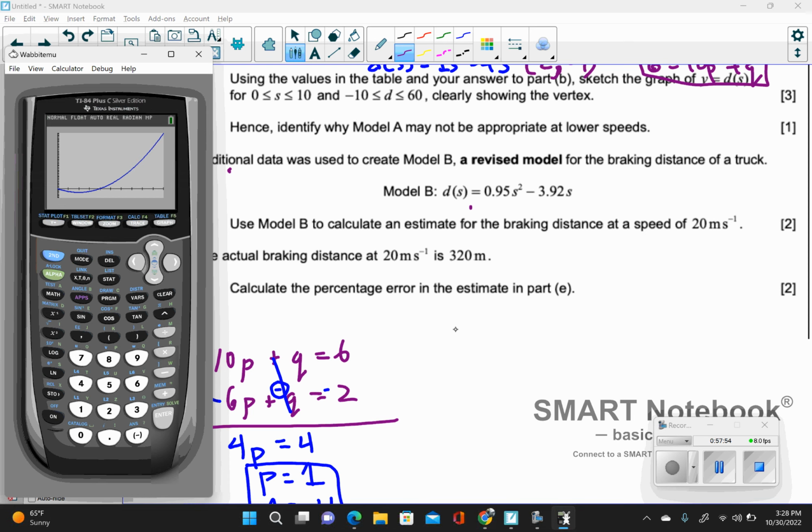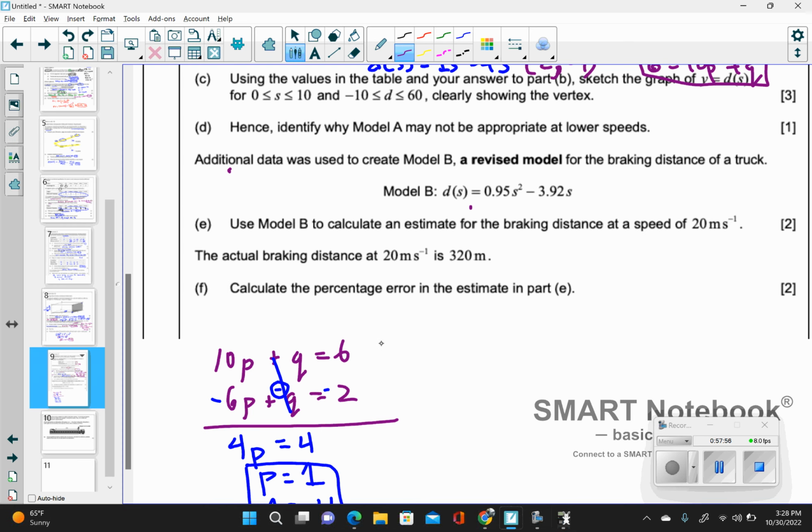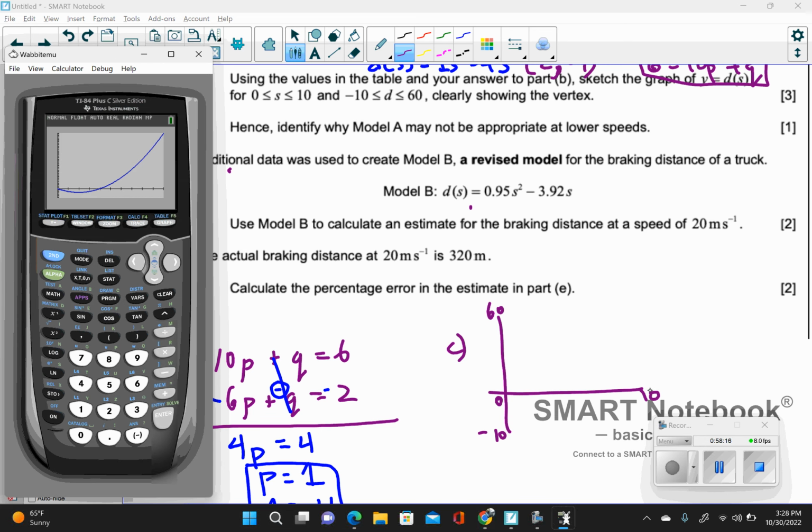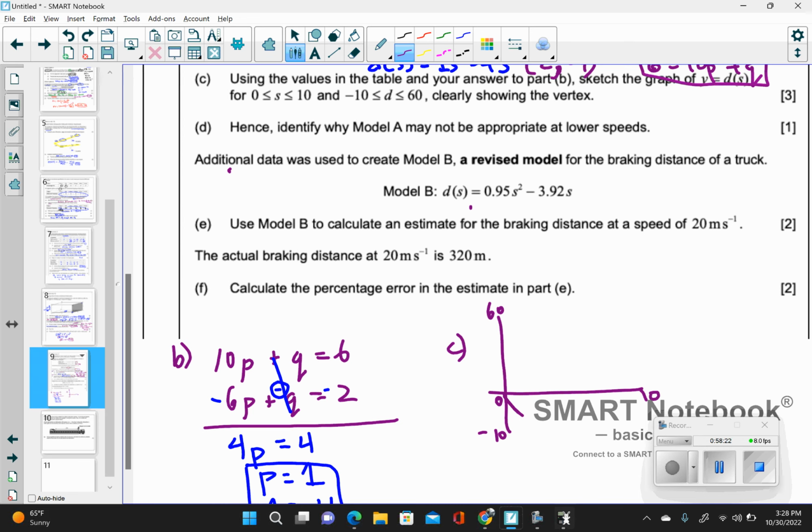For part C, all you have to do is go something like this. Right, we're going to label it. So this is -10 to 60, and this is from 0 to 10. And we're going to do our best to graph this function that we have right here. It kind of looks like a U, but it starts right here, goes down and goes up like that.